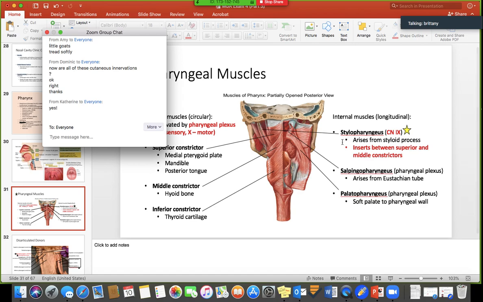I'm 99.9% sure, I would bet money, that you're going to get asked something about this. Either you'll have to identify the stylopharyngeus, or they're going to tag cranial nerve 9 innervating the stylopharyngeus, or they could show you this relationship, and by that you could identify which constrictor is superior versus middle.